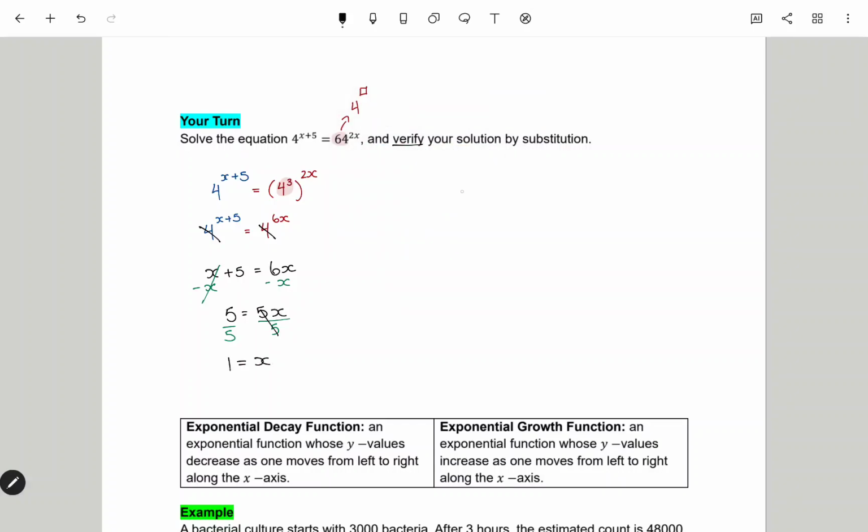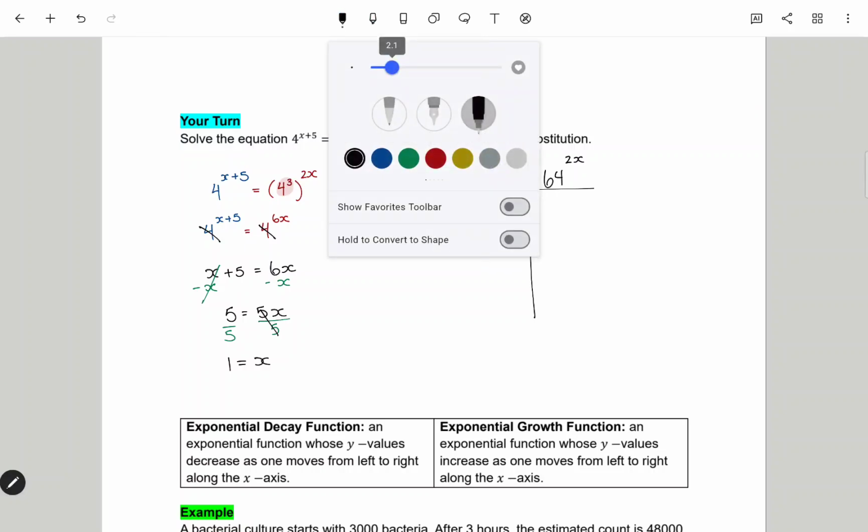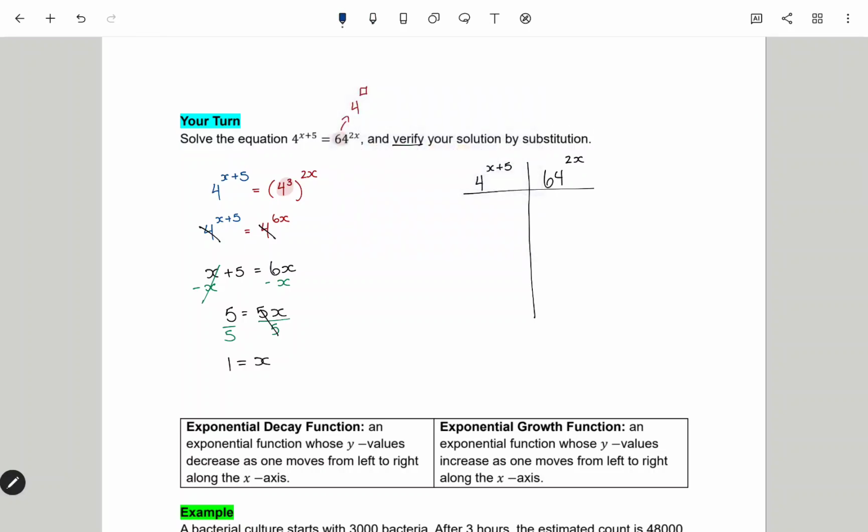And they want us to verify our solution. So one side is 4 to the power of x plus 5. The other side is 64 times 2 to the power of x. So again, we're going to take this 1 and we're going to sub it into each side. So 4 to the power of 1 plus 5.